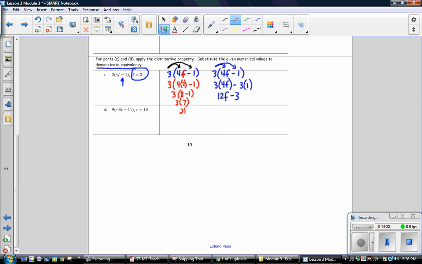On the right, replace the f with 2. 12 times 2 minus 3. 12 times 2 is 24. 24 minus 3 is 21. Since the expressions evaluate to the same value, we have proven that our expressions are equivalent. 3 times the quantity 4f minus 1 is equivalent to 12f minus 3.